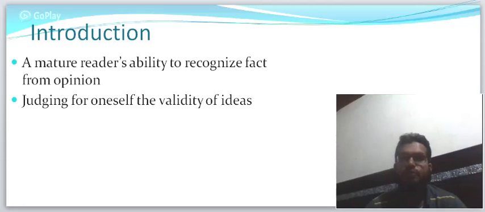But if you cannot recognize fact from opinion, it is very likely you will take the opinion as fact and develop your own opinions on the basis of this wrong understanding. So this ability to differentiate between the two is necessary and very basic.